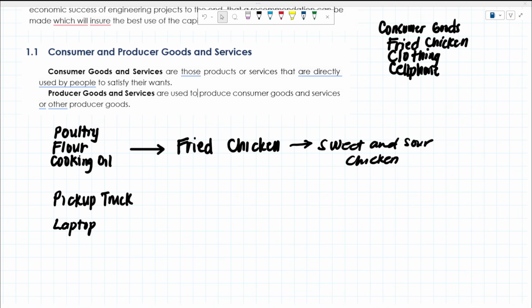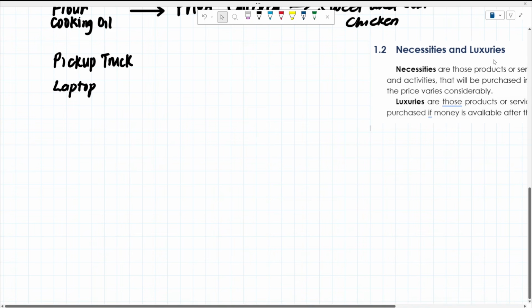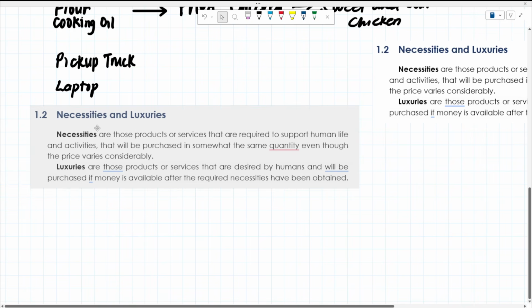Okay? So, another na pag-uusapan natin dito ay yung necessities and luxuries. So, matagal na siguro nating naririnig ito, nung high school pa tayo, topic na ito. Itong walang kamatayang necessity and luxury.